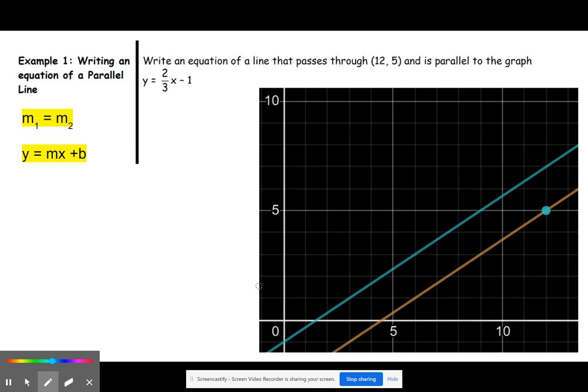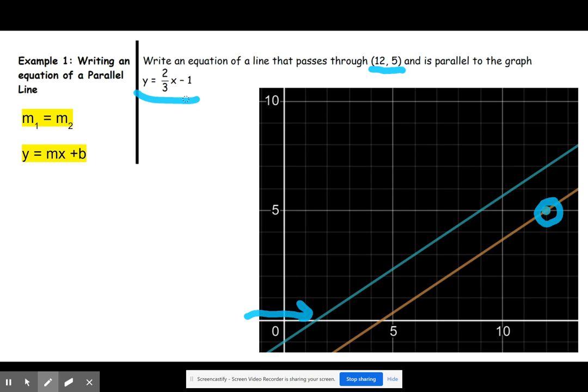In our first example, I ask you to write the equation of a line that passes through the point (12, 5), which I have shown right there, and is parallel to the graph of 2/3 x minus 1. That's this bright blue graph on top. So that's my original line, the information that was given.